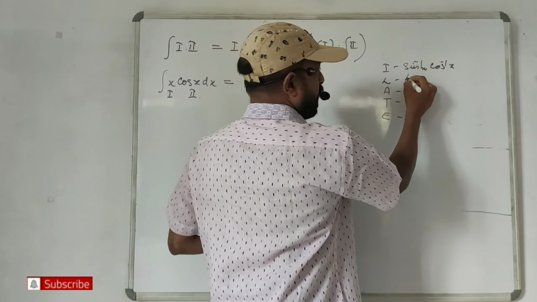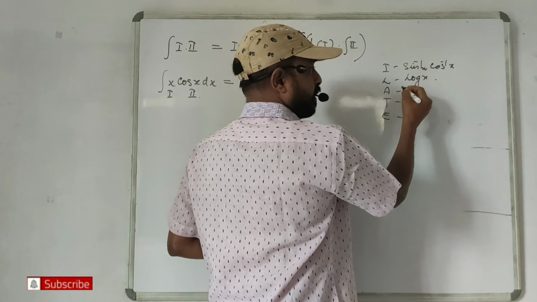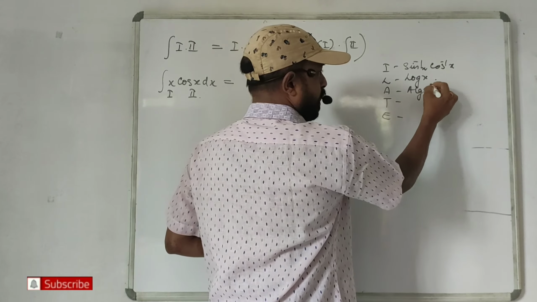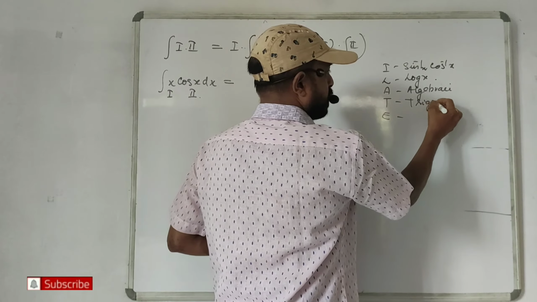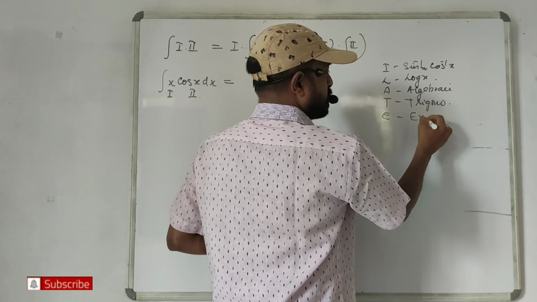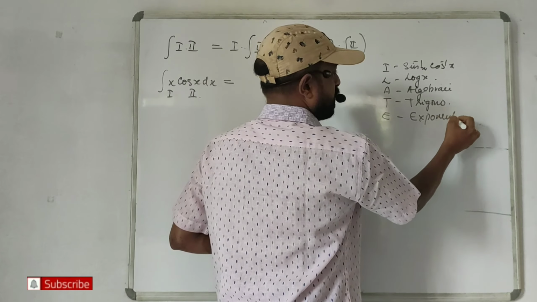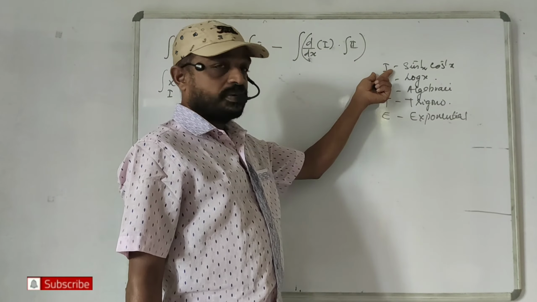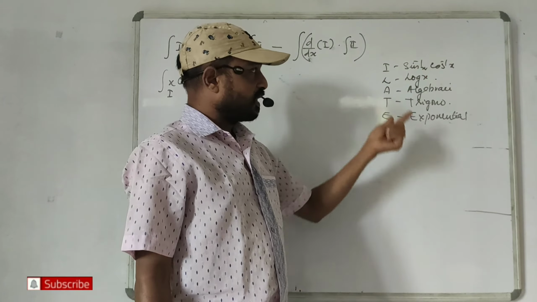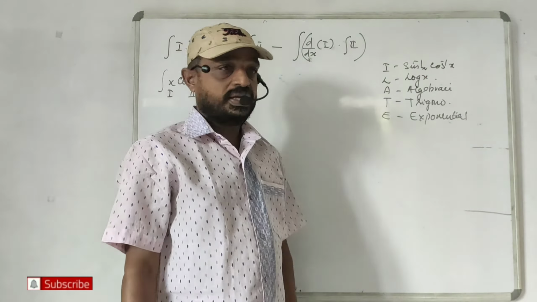What is L? L is logarithmic function, A stands for algebraic function, T stands for trigonometric function, and E stands for exponential function. So I stands for inverse trigonometric function, sin inverse, cos inverse, etc. L stands for logarithmic function, log x.